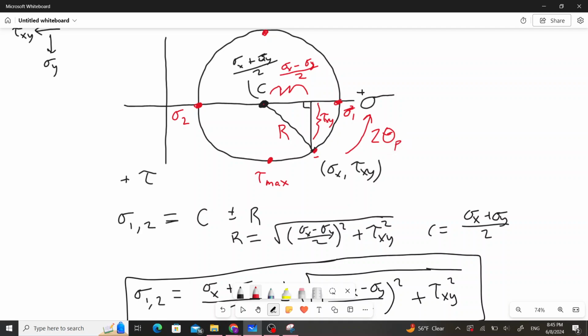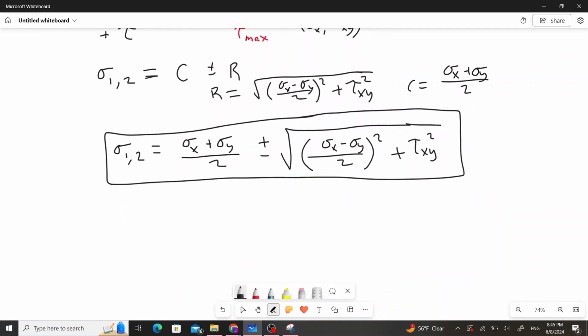Okay, so that's the same angle right here, 2 theta p. Okay, so same thing. Now we can use trigonometry. We can see that the tangent of this angle is tau xy over sigma x minus sigma y over 2.